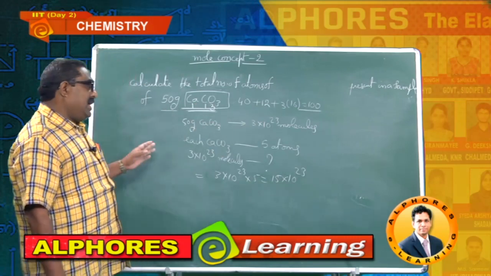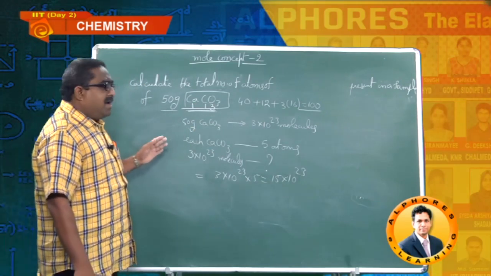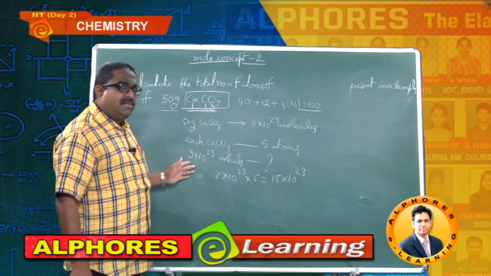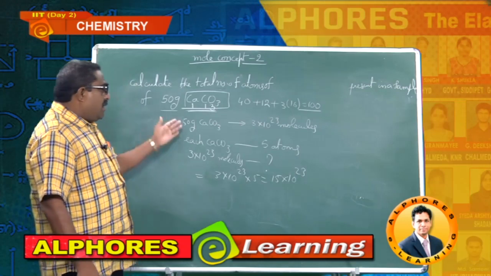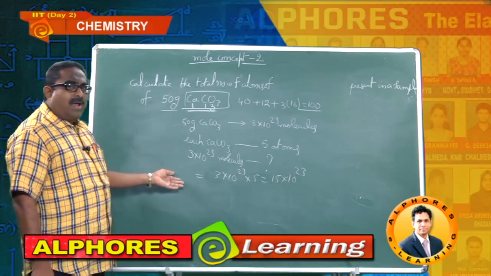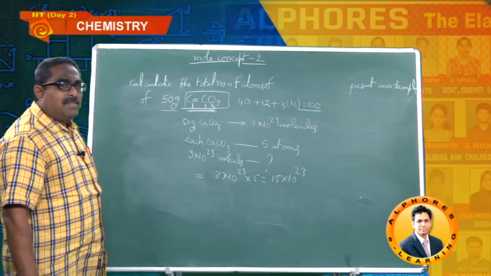See students, yesterday I explained to you, don't depend on the formula; try to depend maximum on the conceptual approach to solve the numericals. Now for this particular thing also, we can create the formula, very simple. First we have to get the molecules.